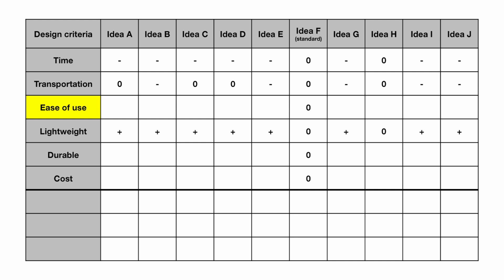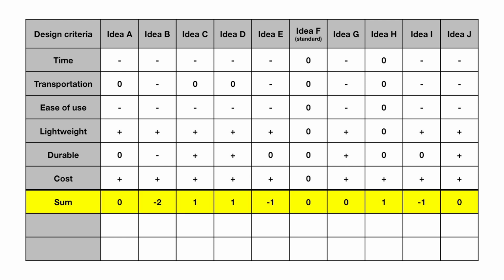And so the results are similar as well, with negatives across the board with the exception of solution F, our standard, and solution H. For the design criteria of cost, it will be similar in its reasoning and results to the criterion lightweight. The criterion durability looks a little bit different, and the results are shown here. Now the chart is completely finished.